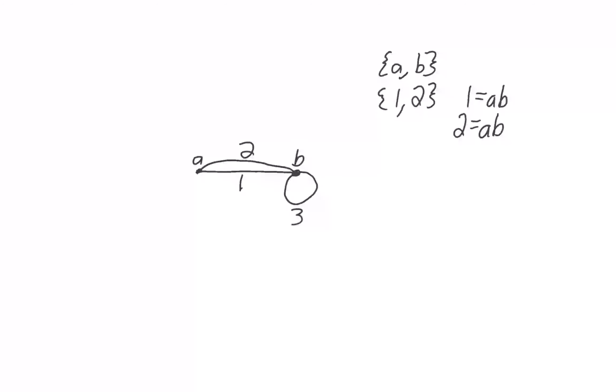That's called a loop. You can see why it's called a loop. It's named for how it looks. So now we have edges 1, 2, and 3, where 3 we could call BB as far as in terms of what it connects to what.